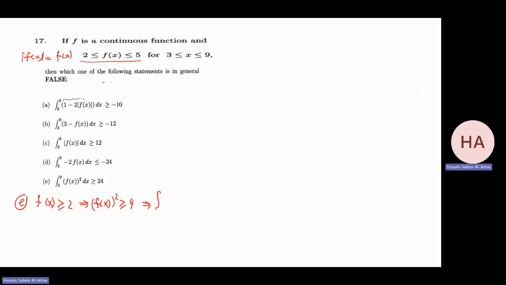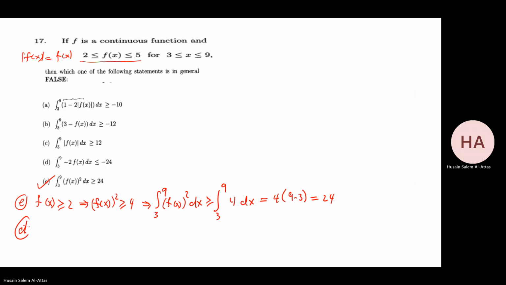So that implies integral from 3 to 9 of f of x squared dx will be greater than integral from 3 to 9 of 4 dx, which is 4 times 9 minus 3, which is 24. So this is correct. D, minus 2f of x.